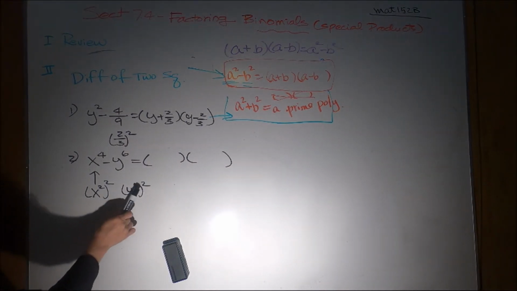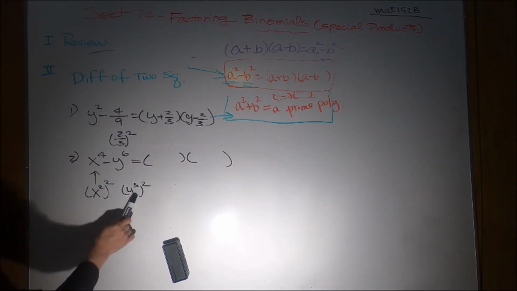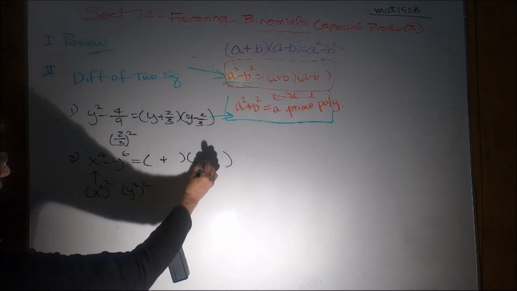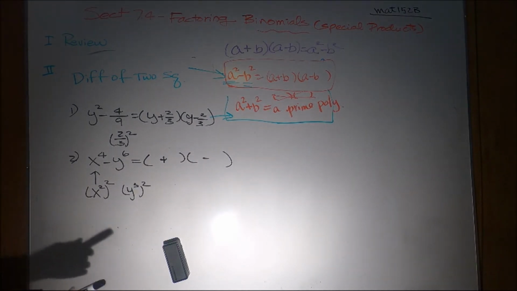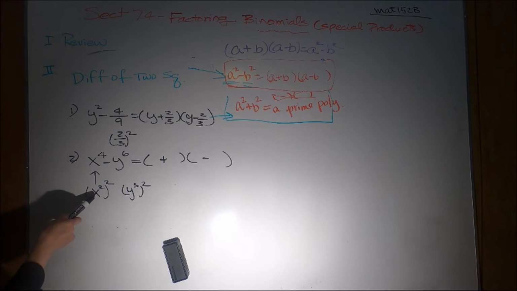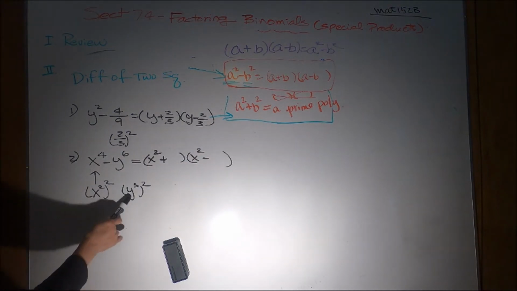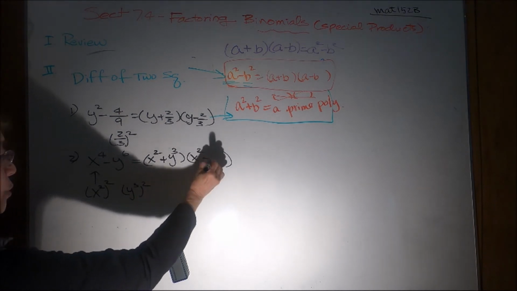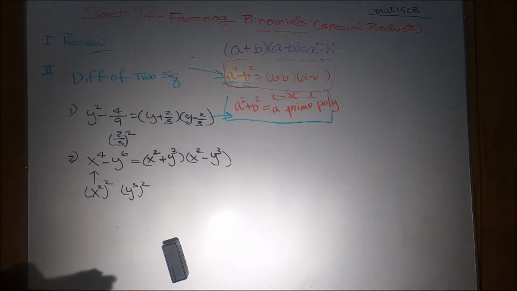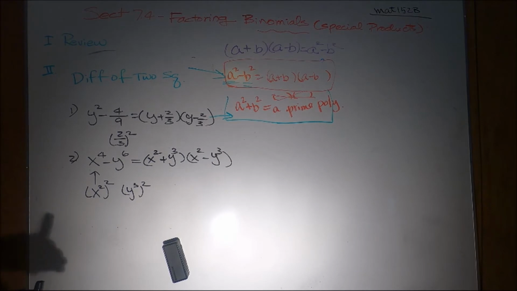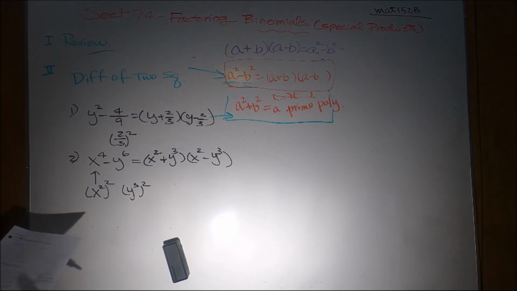A squared minus b squared should be what? A plus b and a minus b. So for this instance, your a is what? X squared. Your b would be what? Y cubed. That's how you fit in the difference of two squares.